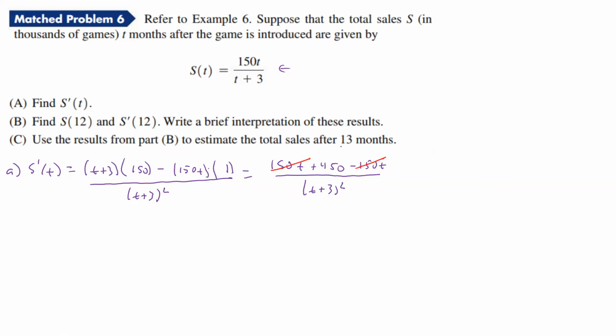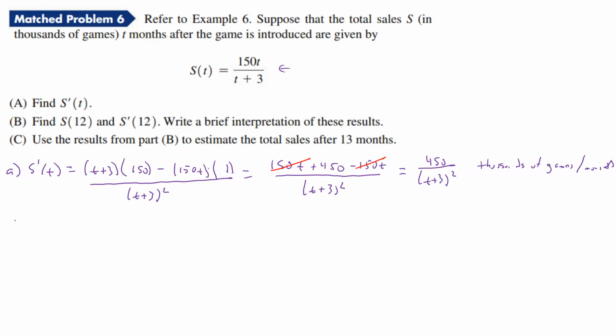And so we just get the simple 450 all over t plus 3, the quantity squared. So that's going to be our rate of change, in thousands of games per month. That's how much we're changing.